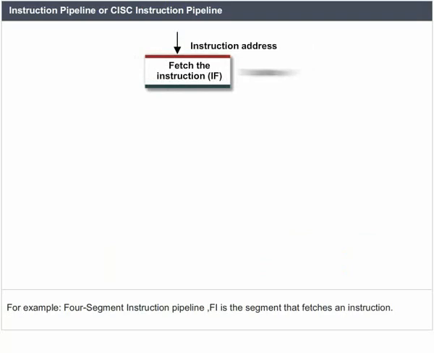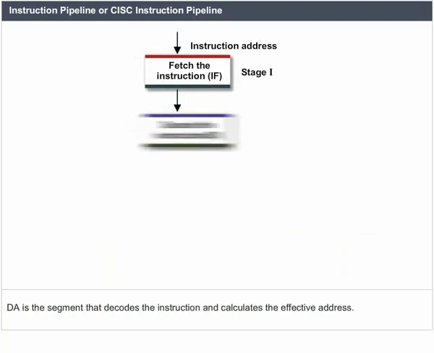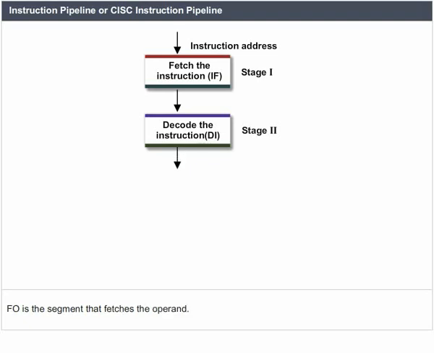For example, a 4-segment instruction pipeline. FI is the segment that fetches an instruction. DA is the segment that decodes the instruction and calculates the effective address. FO is the segment that fetches the operand.